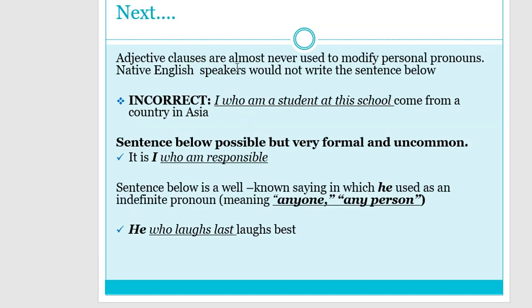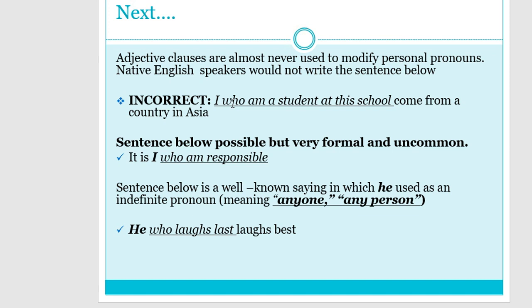Next, adjective clauses are almost never used to modify personal pronouns. So native speakers wouldn't write the sentence below, which is incorrect: I who am a student at this school. No one mentions that kind of sentence. Why? Because there is no need to put a relative clause between the subject and the auxiliary verb.